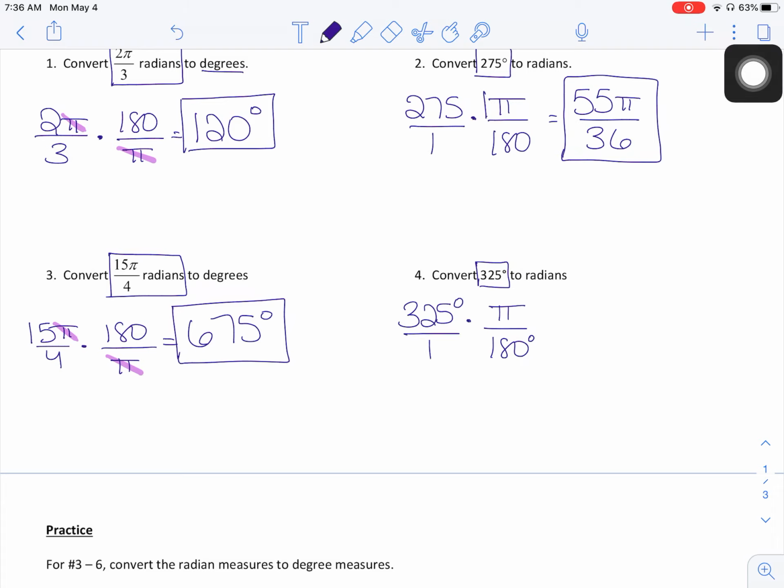So that's how I'm going to convert from degrees to radians. So I'm going to take my 325, divide by 180, make that into a pretty little fraction here, or as pretty as it's going to be, 65 pi over 36 radians.